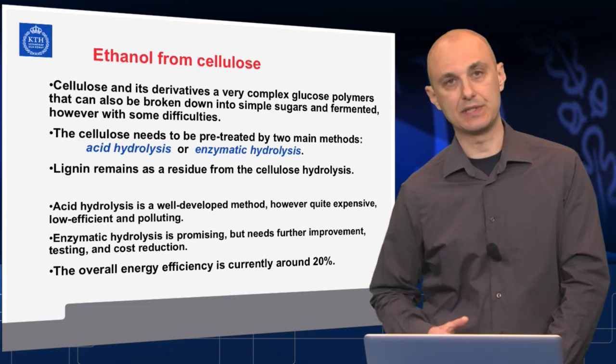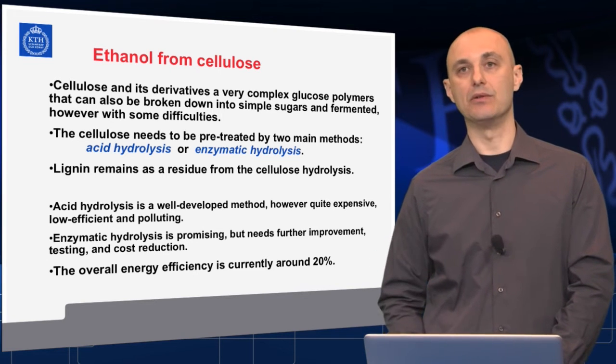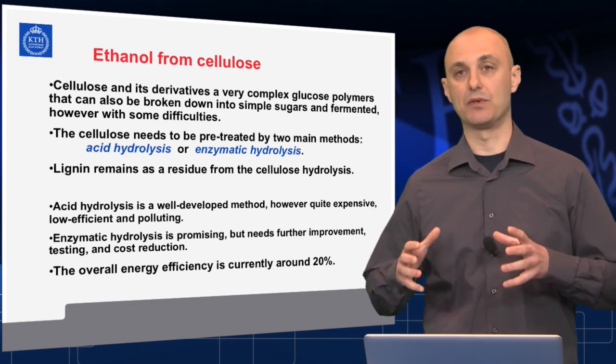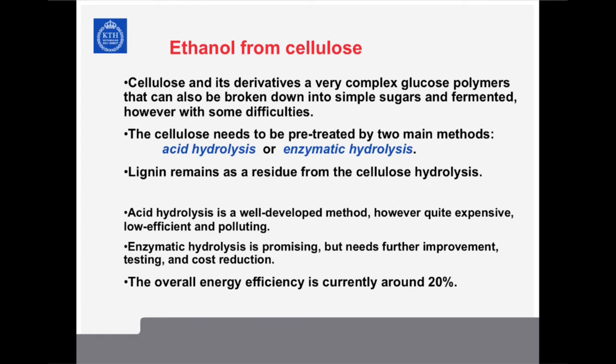If we take the further step into the second generation ethanol, it would be produced from cellulose. Cellulose, or any of its resembling or derivative structures, is a very complex polymer of the glucose. It can again be broken down to simple sugars, however, not so easily.